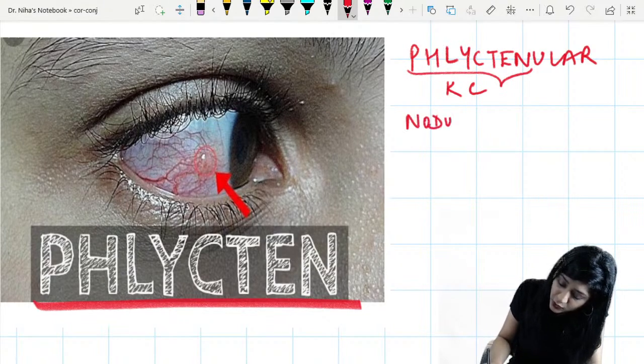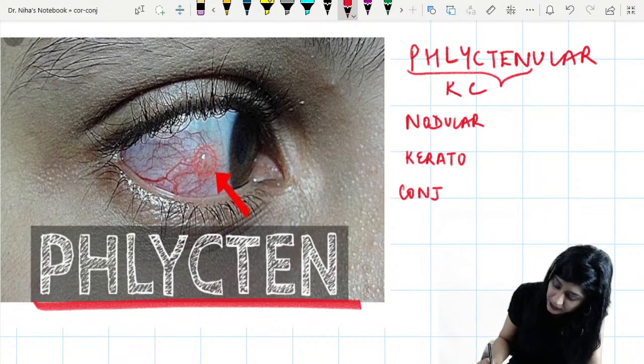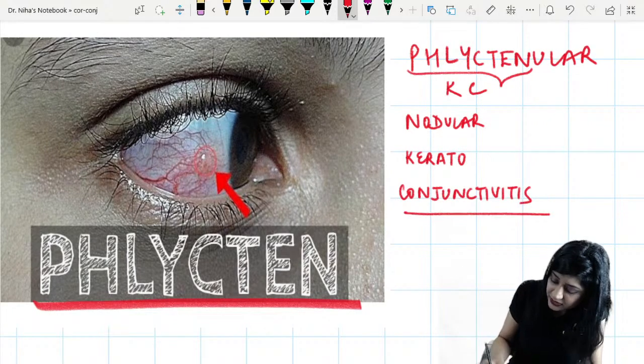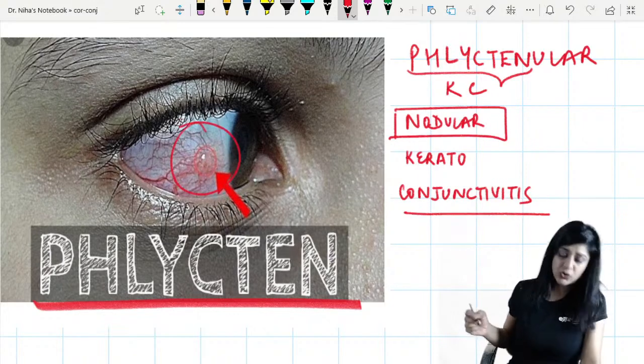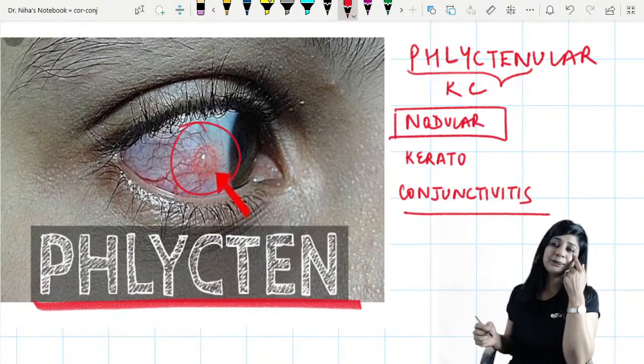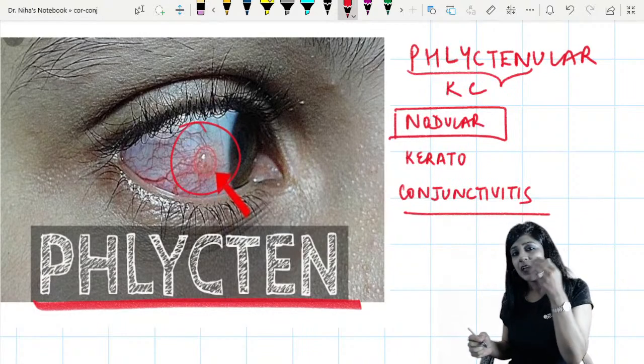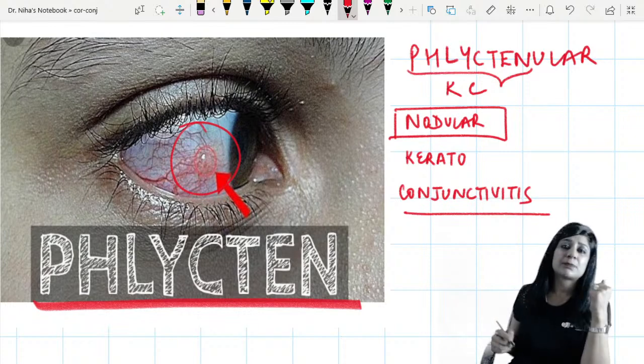So it is a nodular keratoconjunctivitis. We have a nodule, and you can see a pinkish nodule near the limbus, which can slowly and gradually burst over the cornea, and we can have typical ulcers.